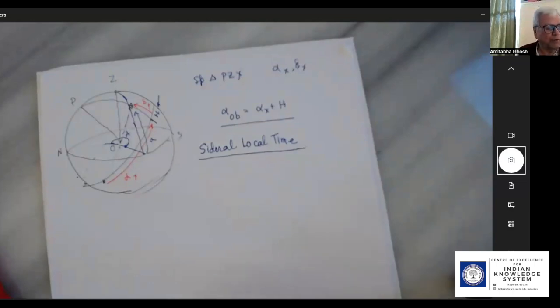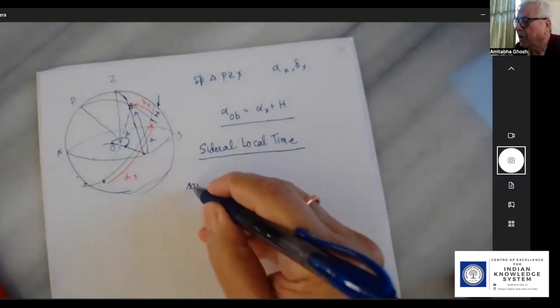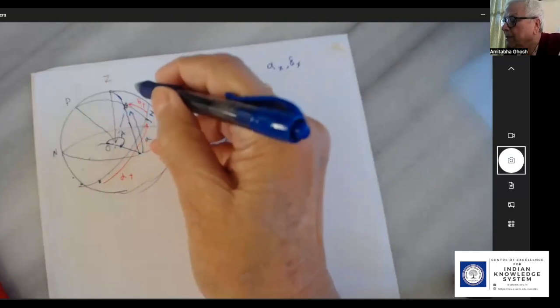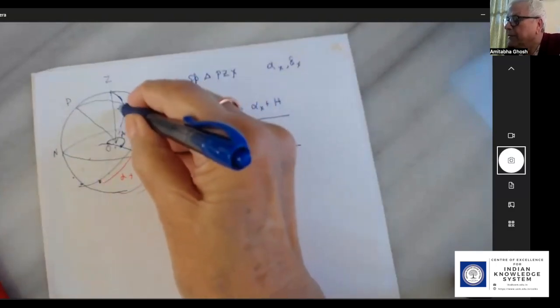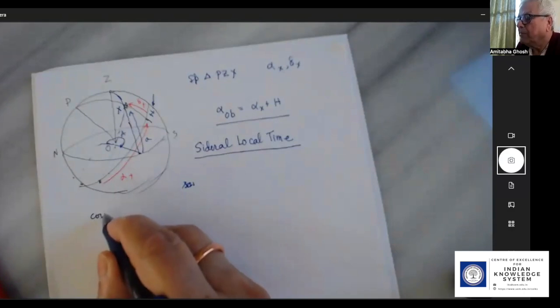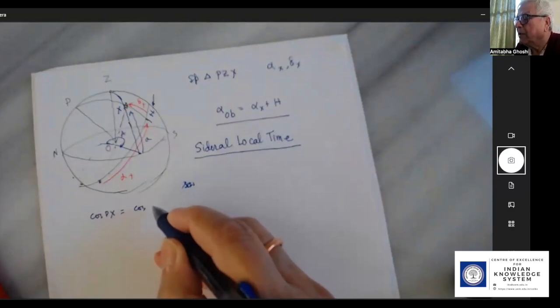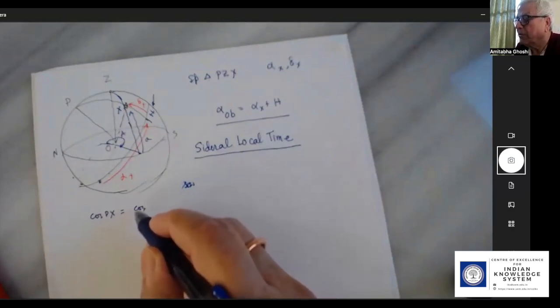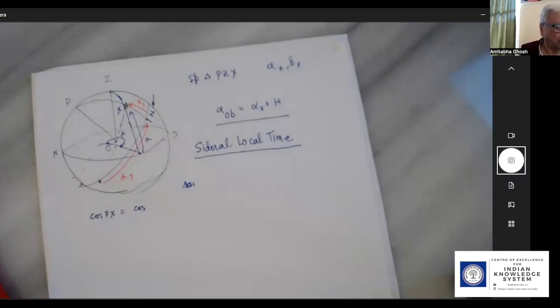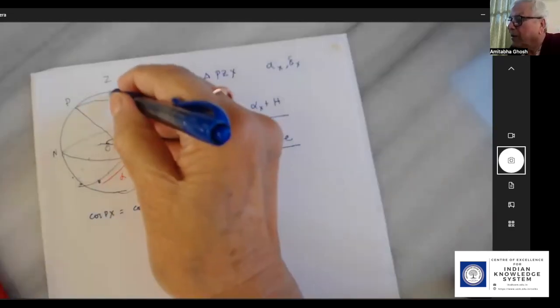What will the reverse formula be? Let us start from, say, Pzx, which we have to consider.